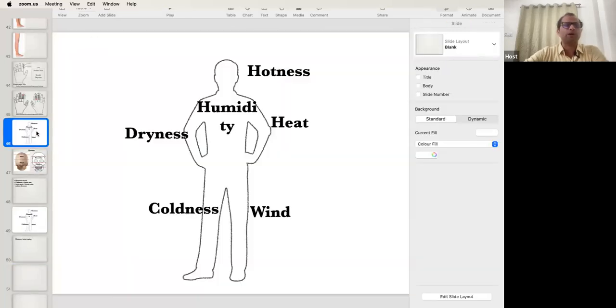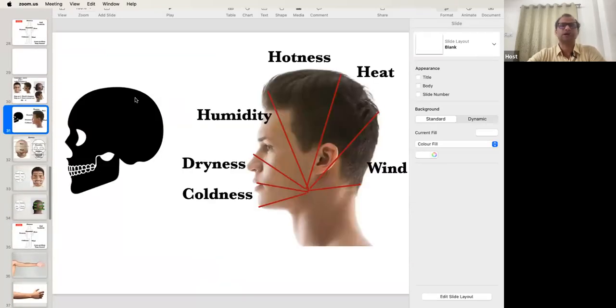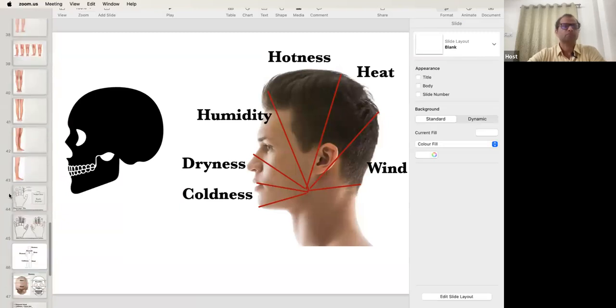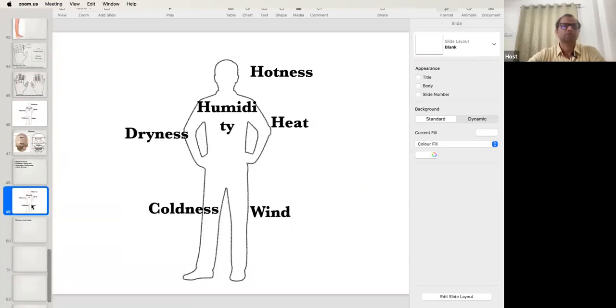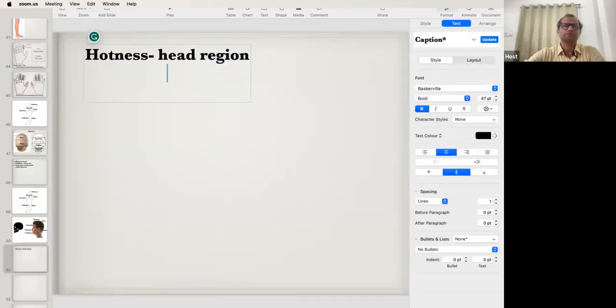The step number 2, again we are choosing the hotness as per this classification, right? So again hotness. So this is the near top of head region.